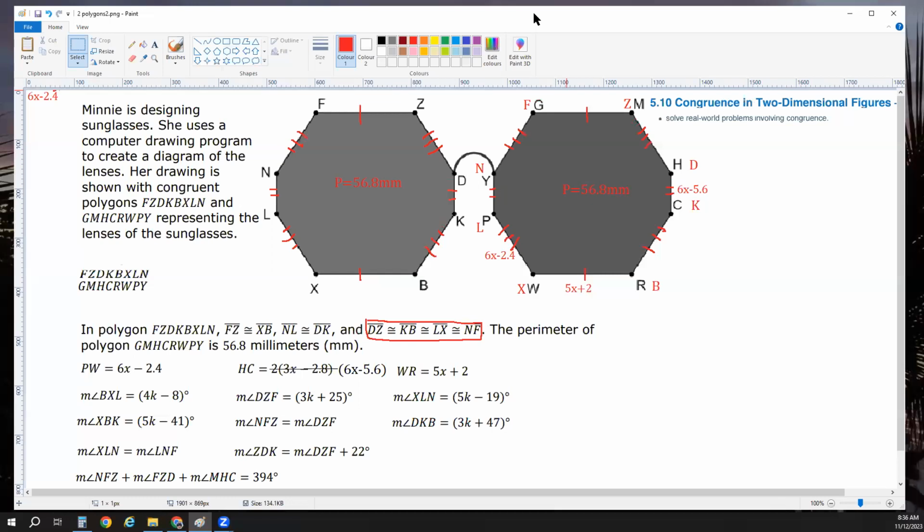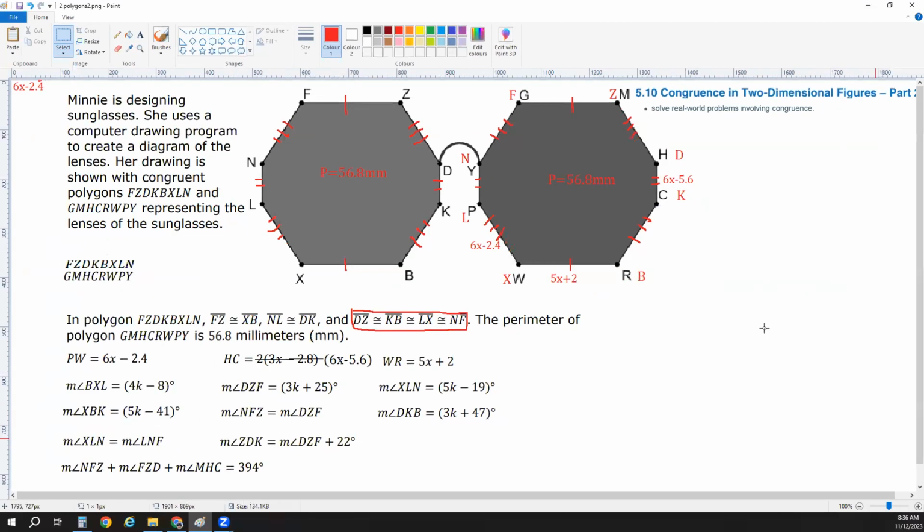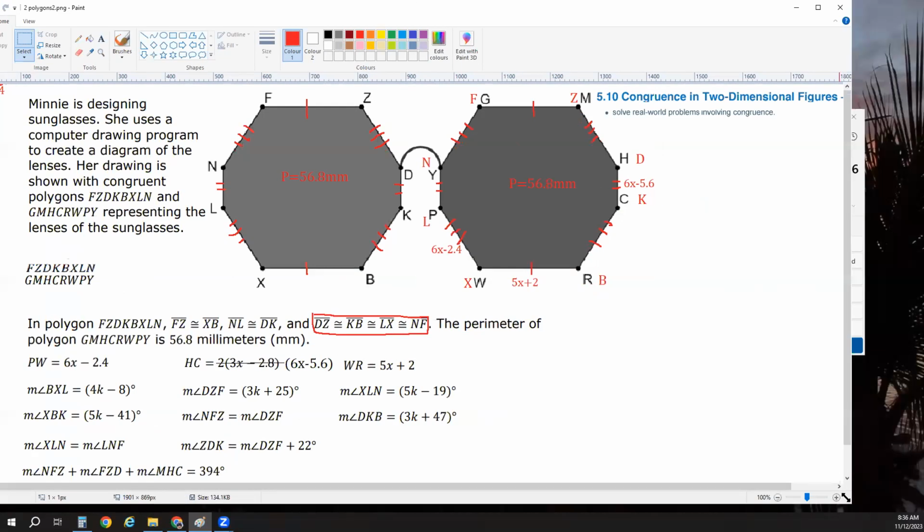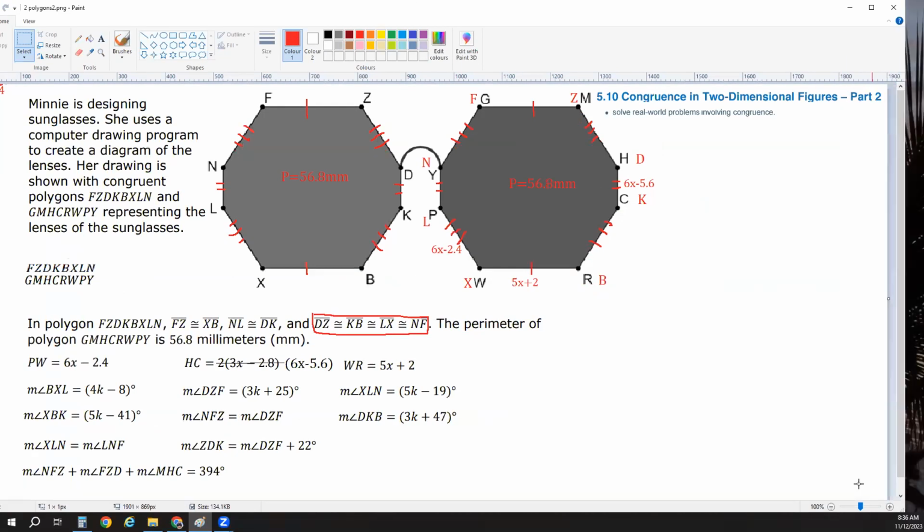I'm going to do it this way. So I'm going to show you this way. Last time I copied every single line segment, and I just added it all together. I'm going to do it algebraically a little differently this time, since this one's a good opportunity to do it this way.